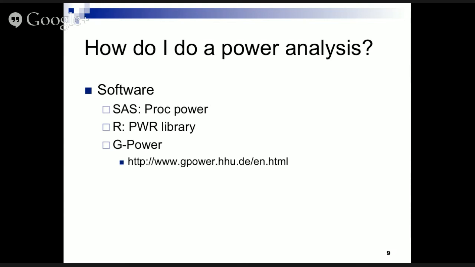So generally, if I go to do a power analysis in R and it's not in the power library, I'll start Googling to see if somebody has created that function in some other package. But the power library is a great place to start.